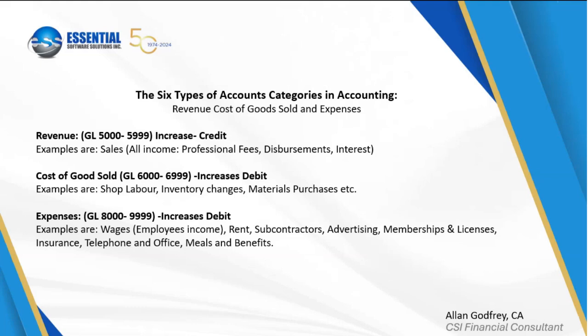Then you've got cost of goods sold. Well, what is the cost of goods sold? First of all, it's GL accounts between 6,000 to 6,999, and an increase of cost of goods sold is a debit. What makes up cost of goods sold is things like shop labor or inventory changes or inventory purchases.